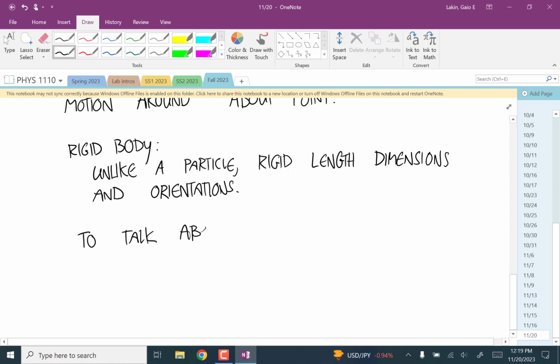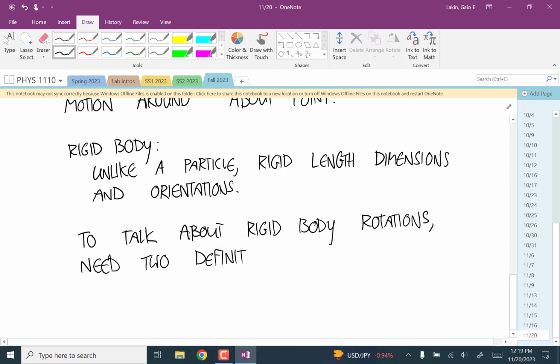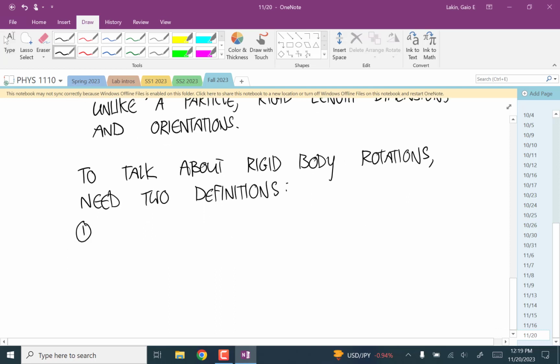To talk about rigid body rotations, we need two definitions. Angular velocity and second, angular acceleration.